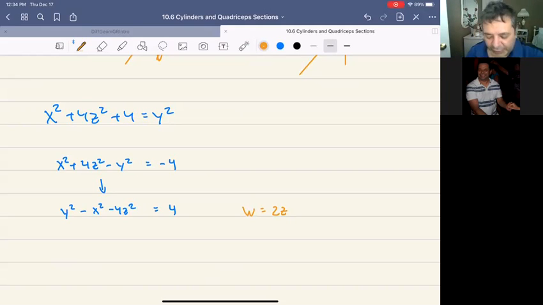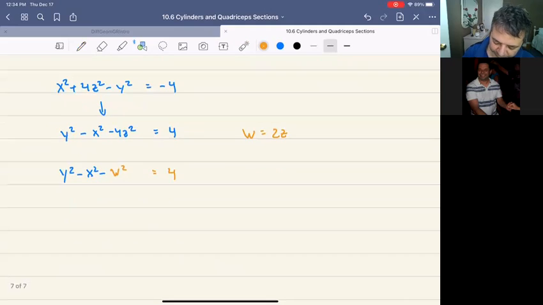So I'm going to take y squared minus x squared minus w squared equals 4. And now I've got a symmetry of x and w. So y is sort of the odd axis out.